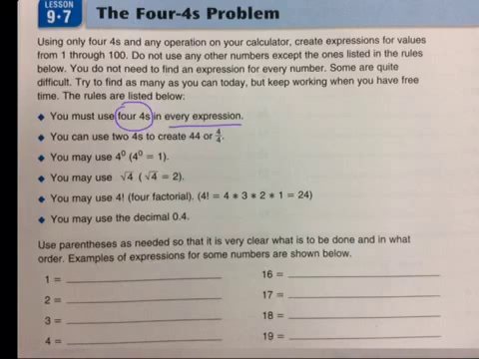You can use 2 fours represented as 44, that would count as 2, or 4 over 4, which is 1. You may also use 4 to the power of 0, which is also 1. And you may use the square root of 4, which we all know has the value of 2.